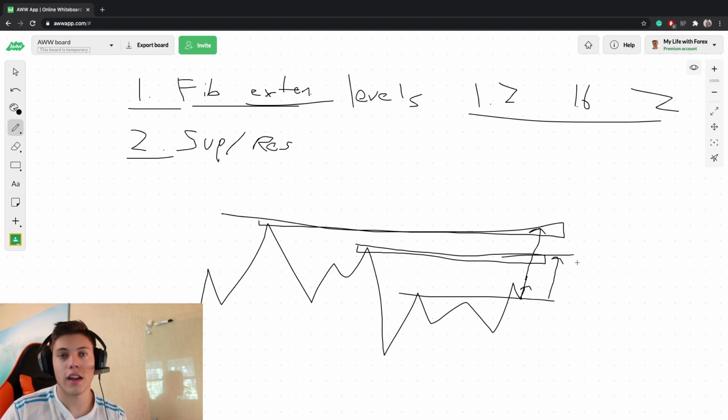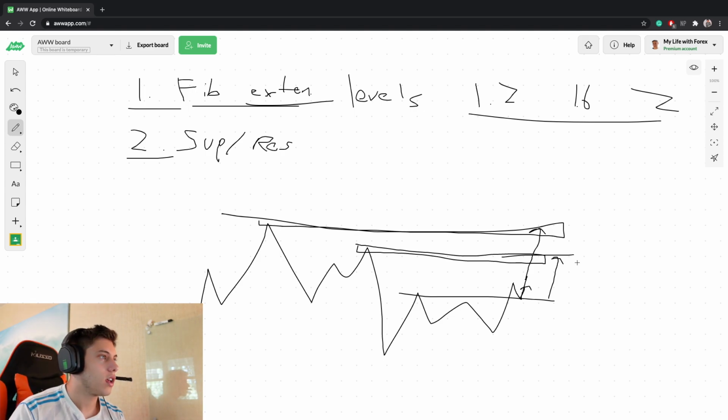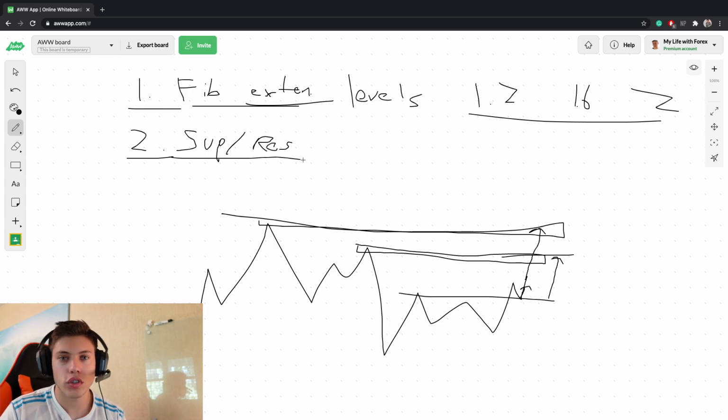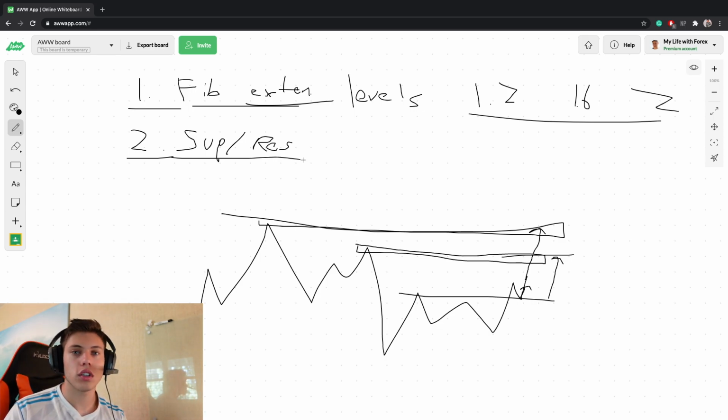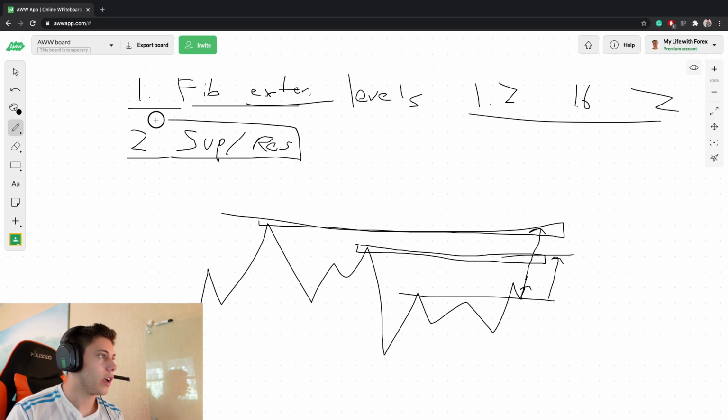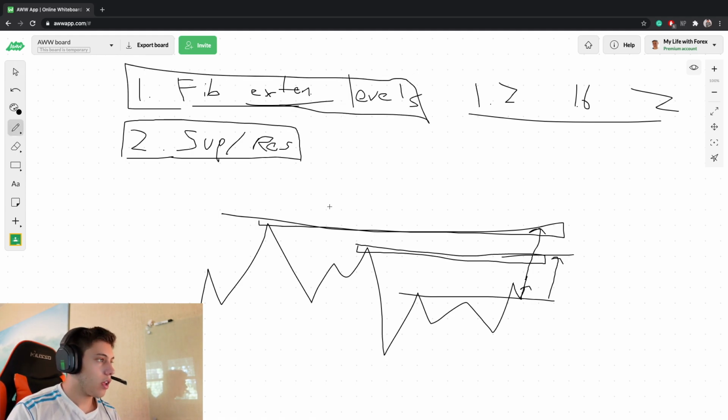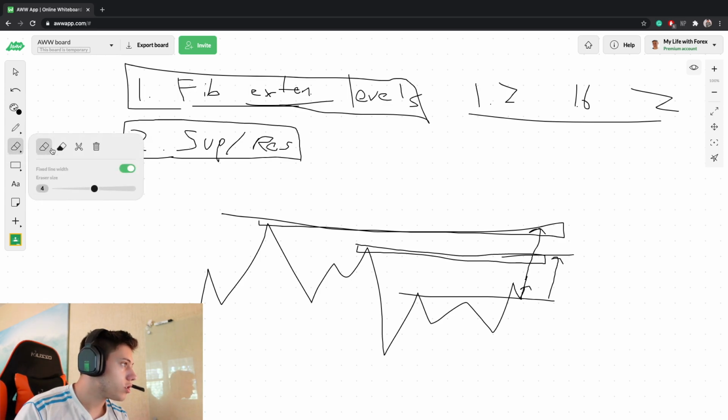So you can use standard support and resistance. Again, it's going to depend on your system, your strategy, what's going to work best for it. And you could always backtest, right? Backtest, see which works best for your strategy. So those are two very, very popular ways of doing it.